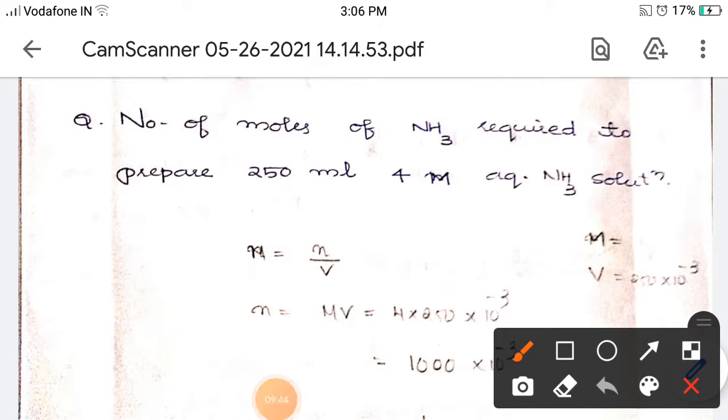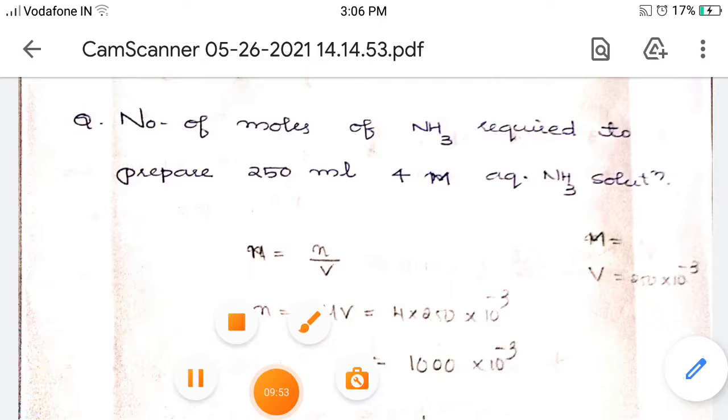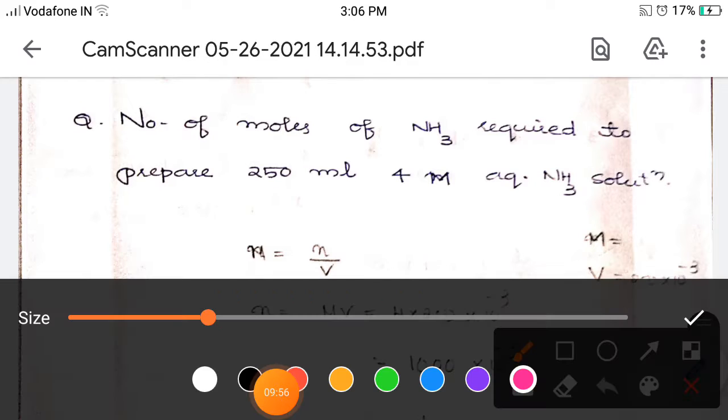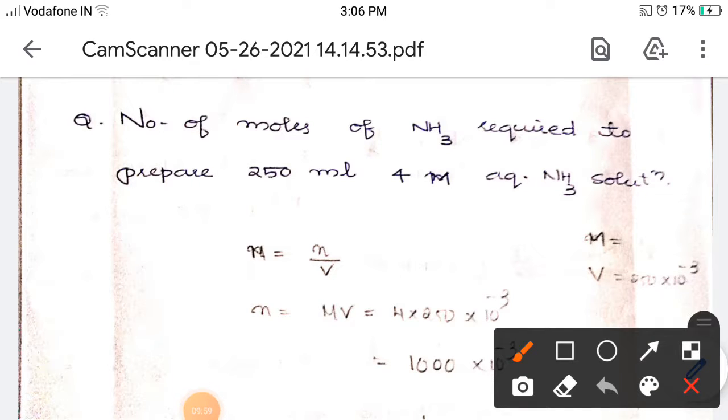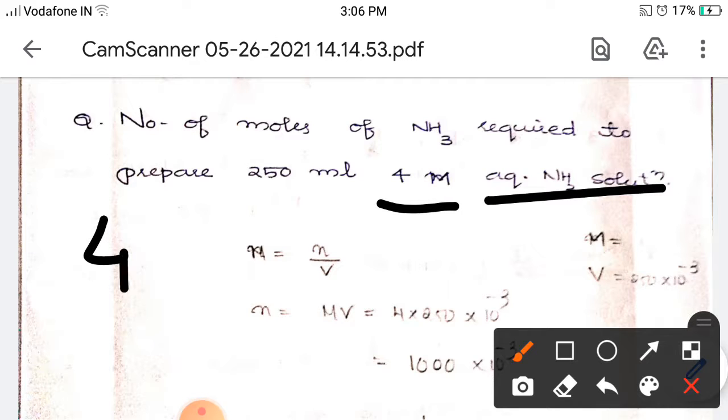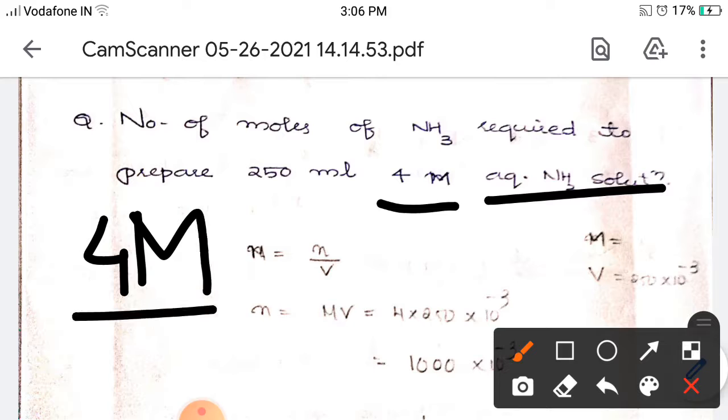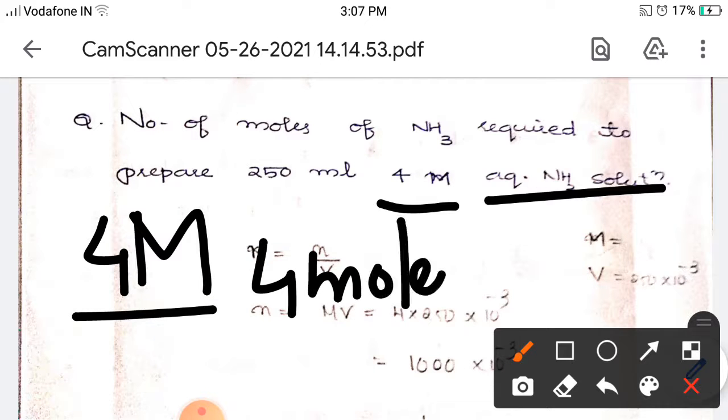I'm asking you, you have to calculate this problem by using the conceptual method. How will you calculate it? It is a 4 molar aqueous ammonia solution. 4 molarity means what? 4 moles are present in 1 liter of a solution.